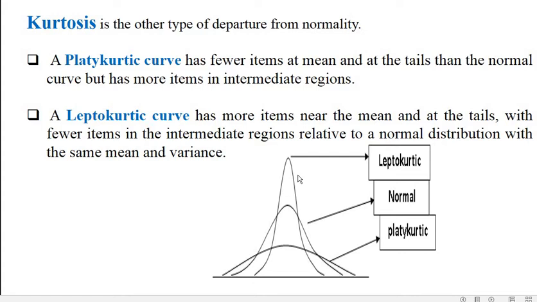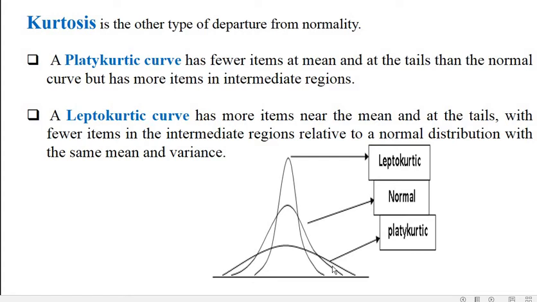The other type is the leptokurtic curve. In this case, there are more items near the mean and at the tails, with fewer items in the intermediate area. It's vice versa of the platykurtic curve.